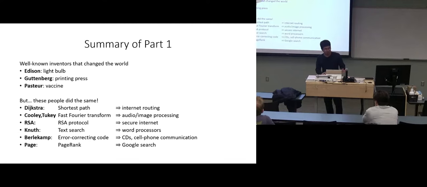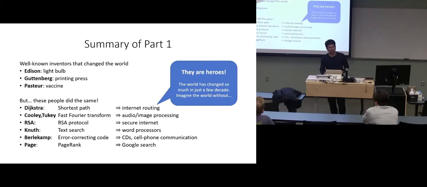But this is the same for a lot of other people who design algorithms. Dijkstra, who designed shortest path, really enabled a whole industry. It enabled internet routing. From the Fourier transform, you get a bunch of things. From RSA, you get internet security. So these people are literally heroes. They really changed the world so much in just a few decades.